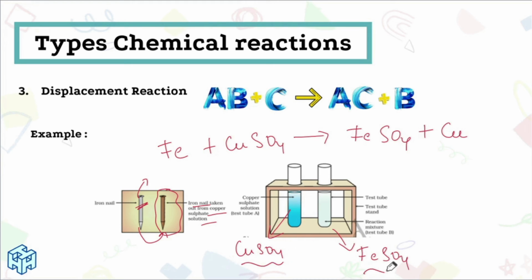Copper sulfate becomes ferrous sulfate, and iron replaces copper. Are you able to see here? This iron rod is replacing the copper. Did you understand what a displacement reaction is?